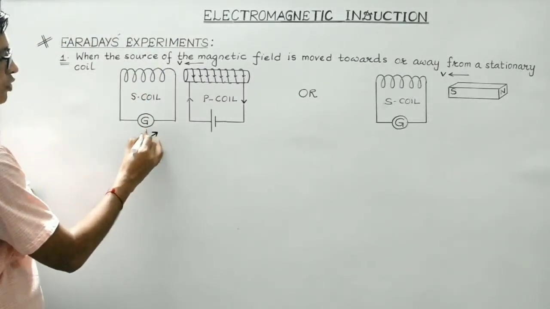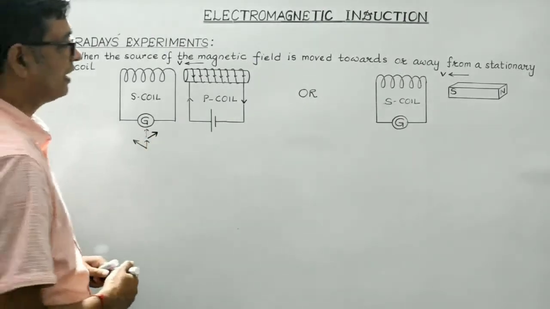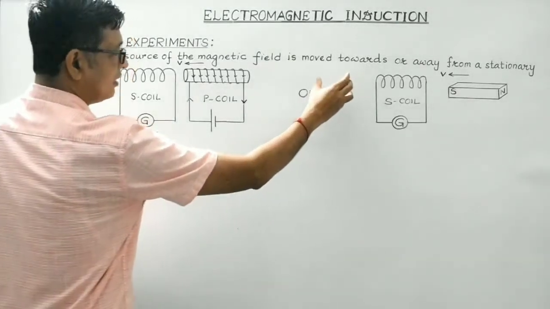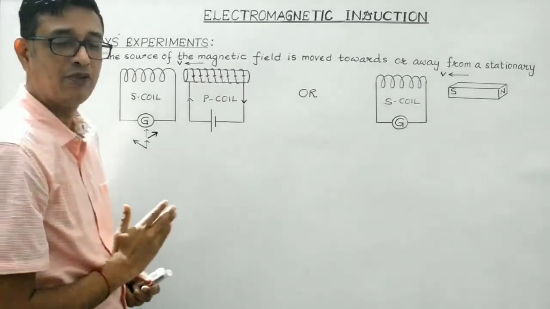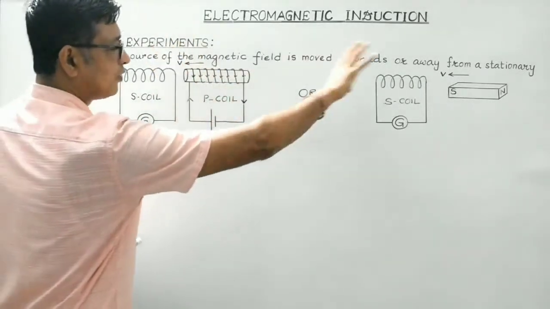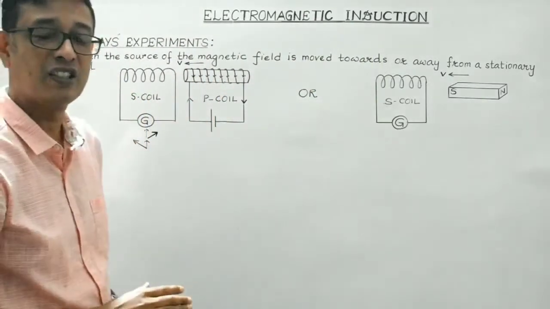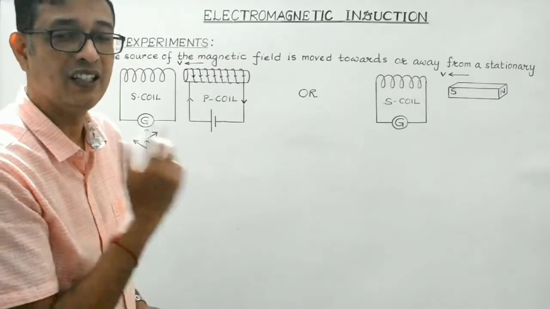This is the original position of the pointer. So in case the P coil is moved towards the S coil, suppose the galvanometer gives deflection towards right. And in case the P coil is moved away from the S coil, then the same galvanometer is found to again give deflection but in the opposite direction, that is towards left.